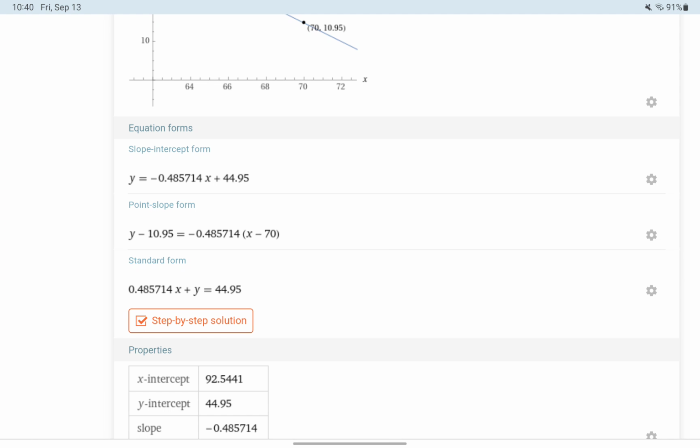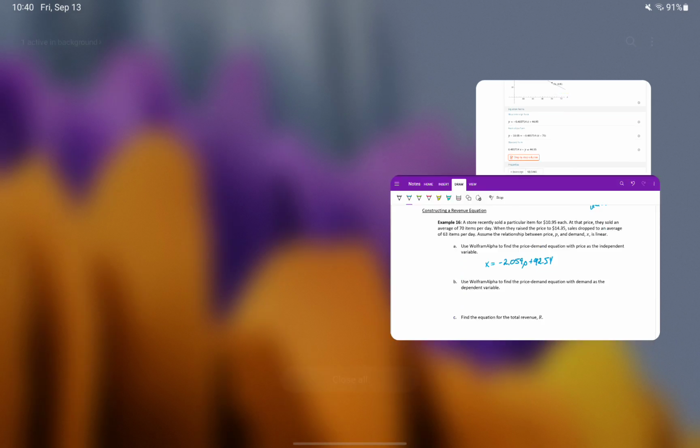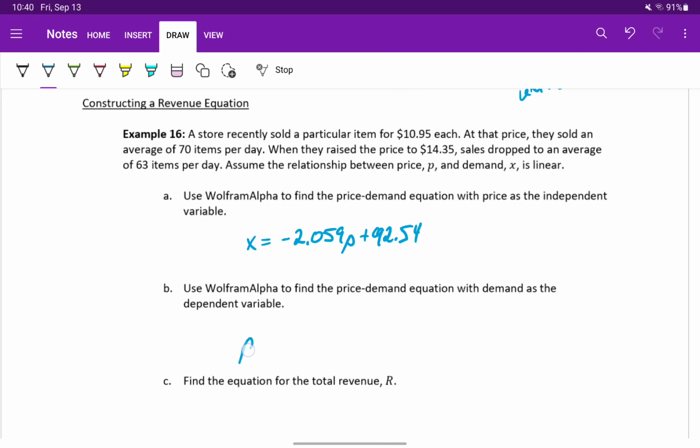We'll get a new linear equation in slope-intercept form. Rounding those values, we'll have P is equal to negative 0.486x plus 44.95.